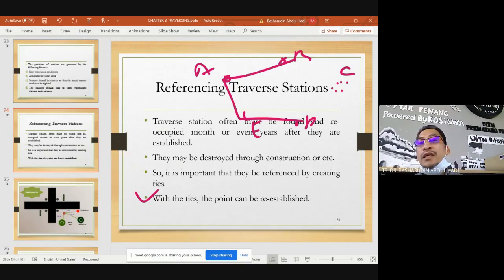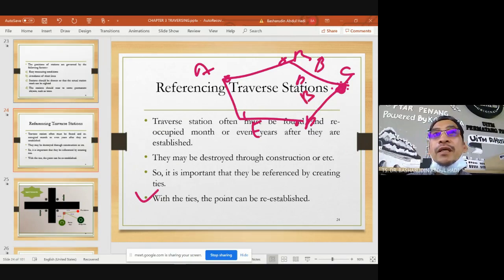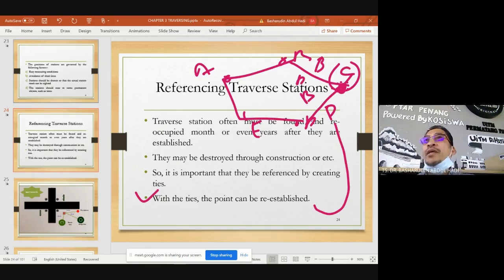But you know C is the connection, because you have traversing from B to C, D to C. So based on this intersection, you know the point C. This intersection is guided by bearing and distance. That is a good example when a point is left out, meaning that your point C is missing. So you can retie by re-establishing from point B or D. Alright, that is the point.